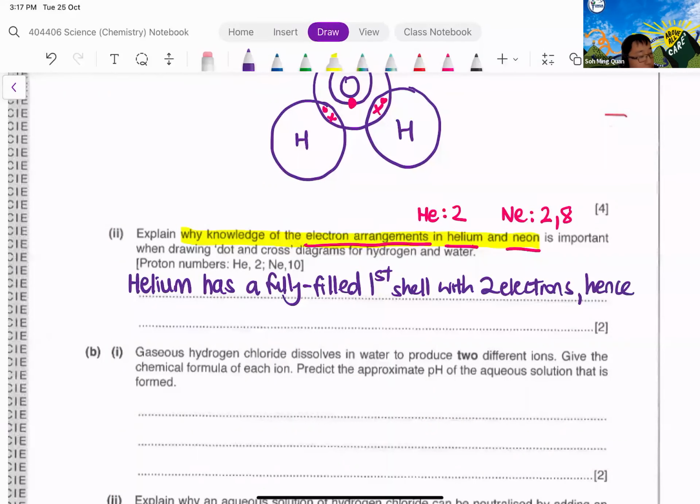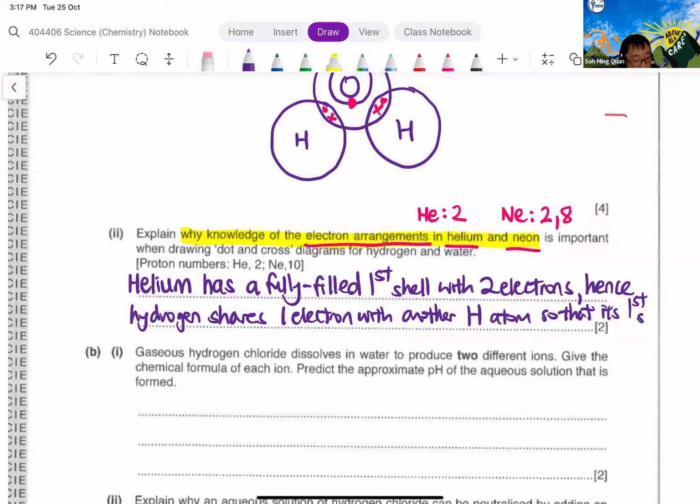Hence, hydrogen shares 1 electron with another hydrogen atom so that its first shell is fully filled. This is 1 mark. So explaining how hydrogen shares electrons so that it achieves the same fully filled first shell with 2 electrons like helium.